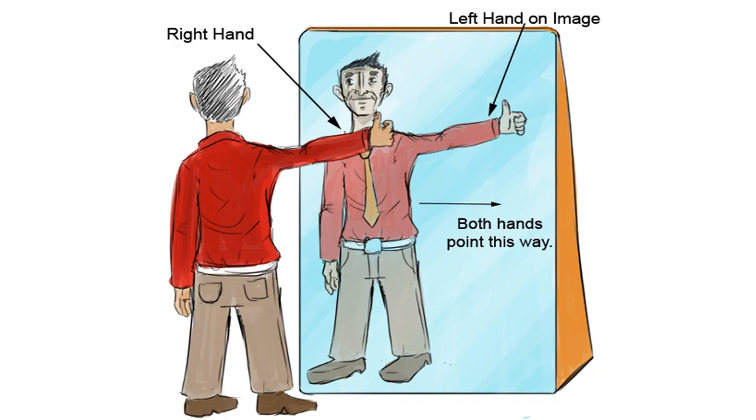However, in the image, we can see the left hand is raised. This phenomenon where right appears left or left appears to be right is termed as lateral inversion.